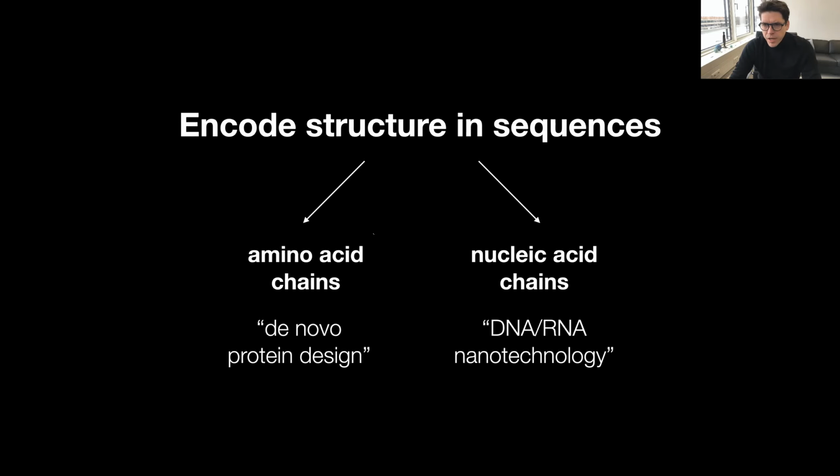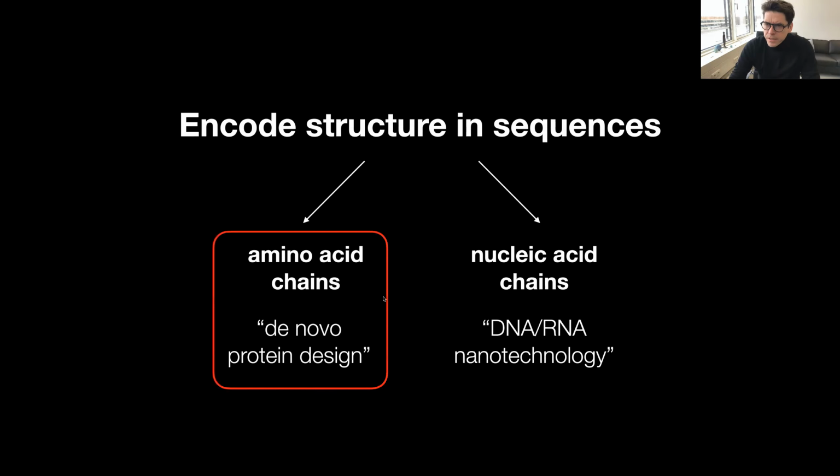So then we would have basically two families here. We could think about using polypeptides or amino acid chains, and we could think about using nucleic acid chains. So depending on which branch you pick, we end up in the field that is known as de novo protein design. And if you take the right-hand branch, you're going to be looking at DNA and RNA nanotechnology.